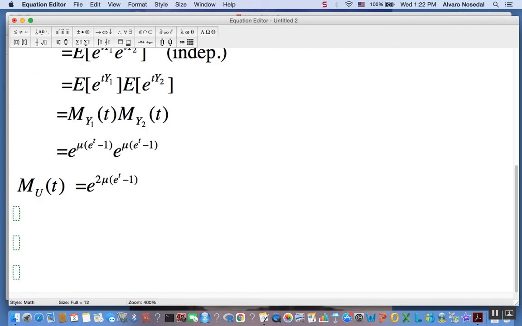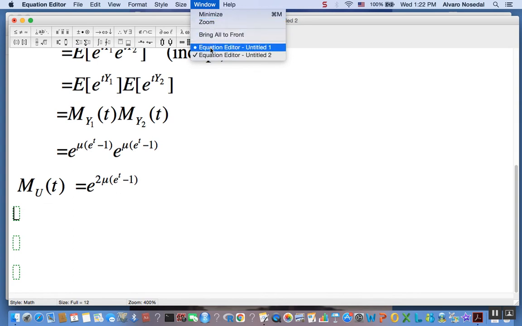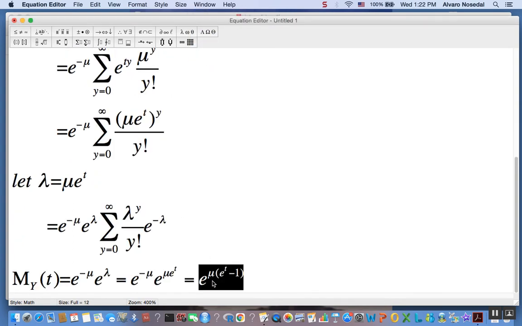And then that implies, when you look at it, let me use mu star for 2 times mu: e to the mu star times (e^t minus 1). That's the MGF of a Poisson with parameter mu star.